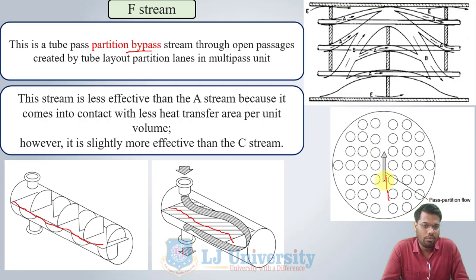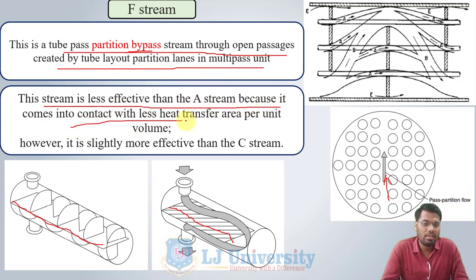In the front view you can see this is our F stream. This is the tube pass partition bypass stream through open passages created by the tube layout partition lanes in a multi-pass unit. This stream is less effective than the B stream because it comes into contact with less heat transfer area per unit volume. However, it is slightly more effective than the C stream because it will be in contact with the center tubes.